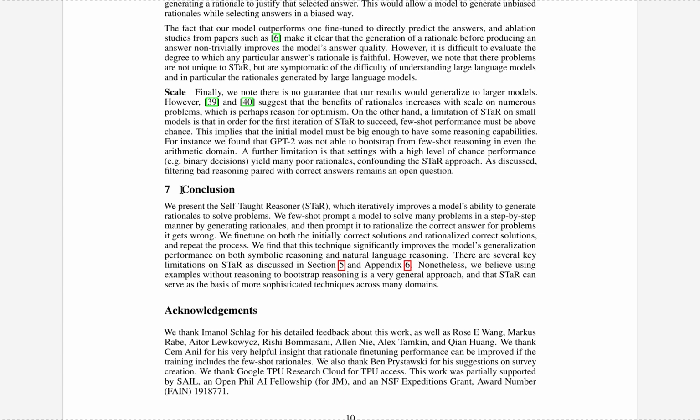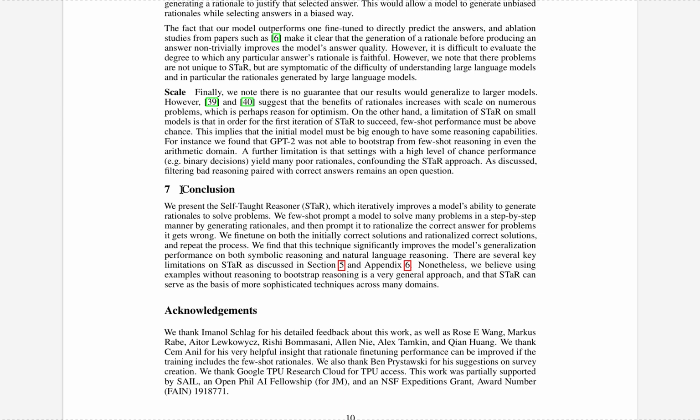7. Conclusion. We present the self-taught reasoner, STaR, which iteratively improves a model's ability to generate rationales to solve problems. We few-shot prompt a model to solve many problems in a step-by-step manner by generating rationales, and then prompt it to rationalize the correct answer for problems it gets wrong. We fine-tune on both the initially correct solutions and the rationalized correct solutions, and repeat the process.